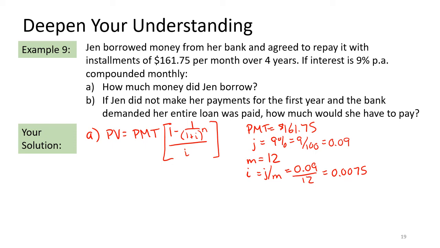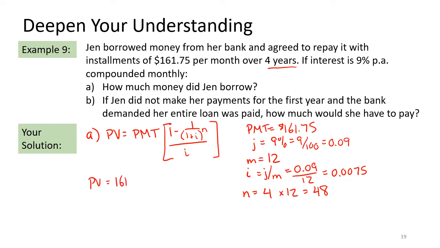Lastly, n, okay, we know that it's over 4 years, and we know that we have 12 payments a year, right? Because it's provided in the question that it's monthly. So n is 48. So you can calculate your present value, okay?